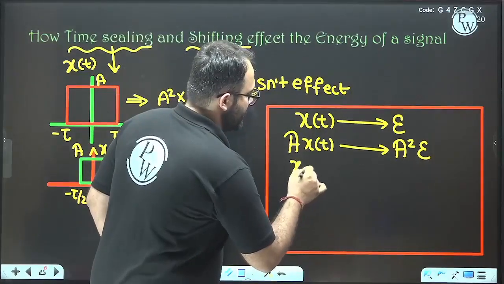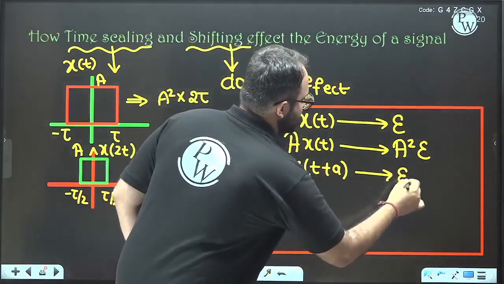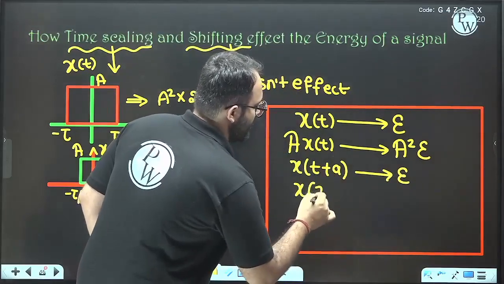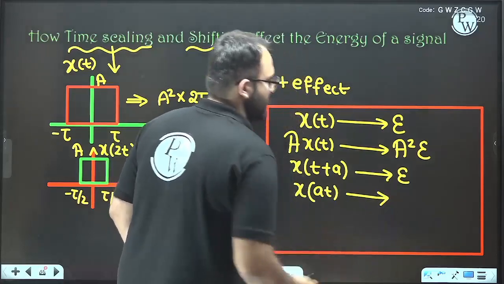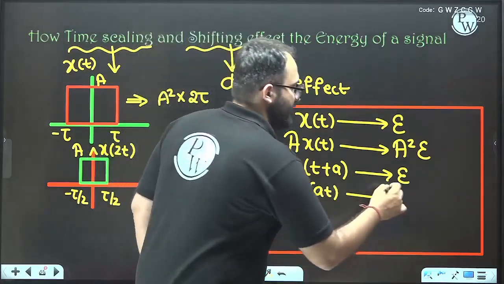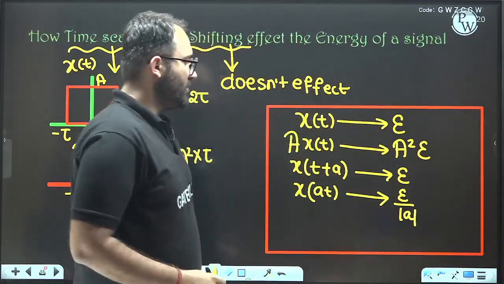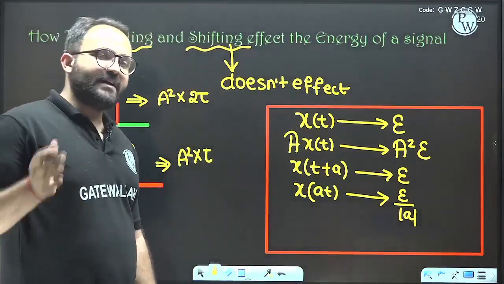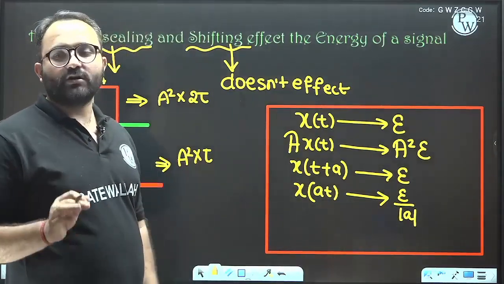If we shift the signal, then shifting does not affect the energy. If we contract the signal, x of At, then energy will become E divided by mod A. If we reverse the signal or shift the signal, it does not affect the energy.